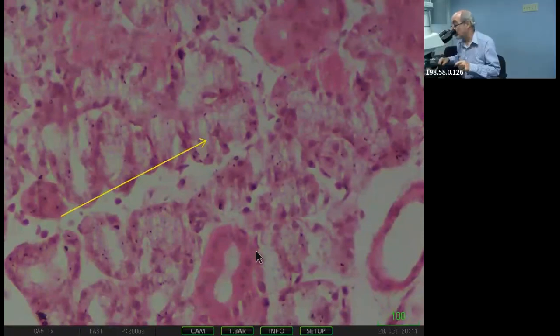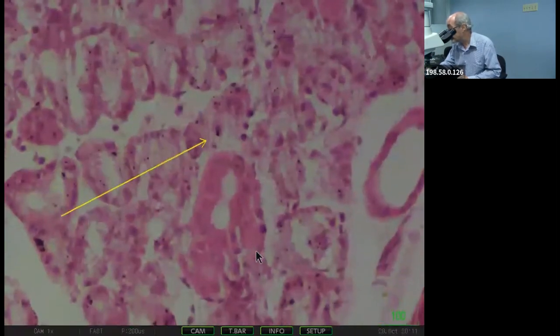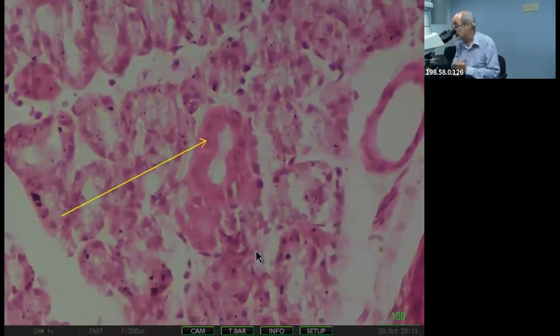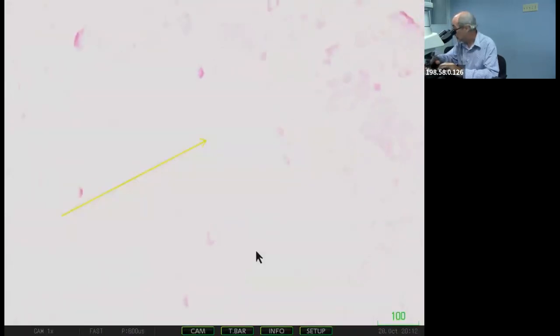Good. So this one is a mucus acinus, and this one is what? This one's a duct. And remember the ducts could be made of cuboidal epithelium, but also a stratified cuboidal or stratified columnar epithelium.